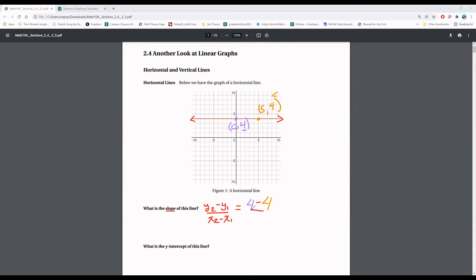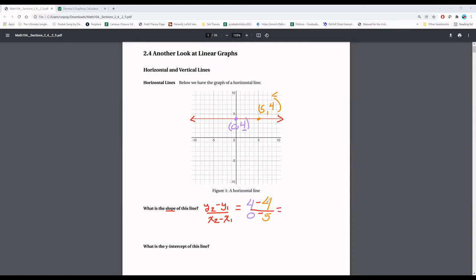And you may see what's about to happen here. x2 is 0. And x1, 5.